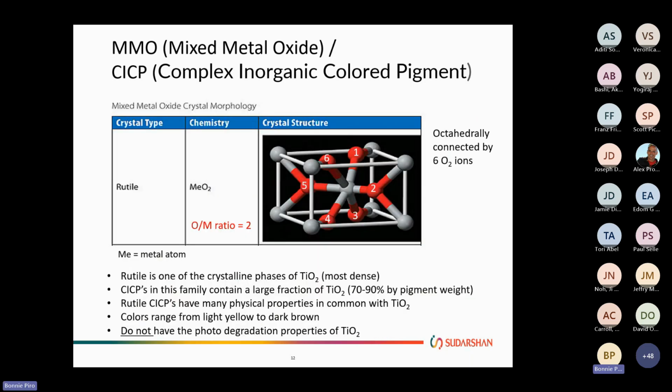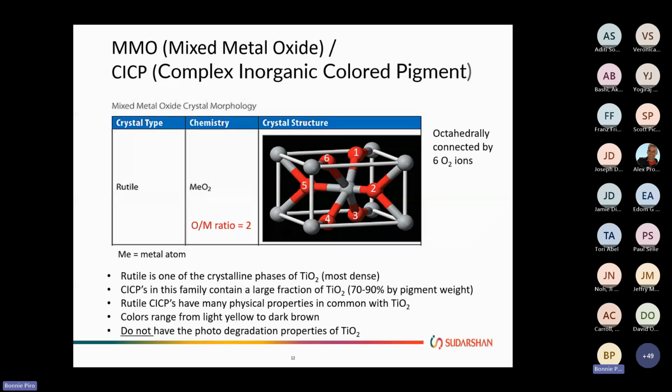So I talked about the oxygen to metal ratio. This is where it's key in the manufacture of these particular pigments. So rutiles, they always will have an oxygen to metal ratio of 2. And in this particular case, the crystal is connected by 6 oxygen ions in this octahedral crystal shape.